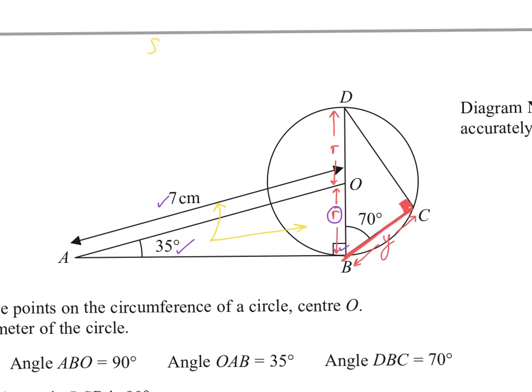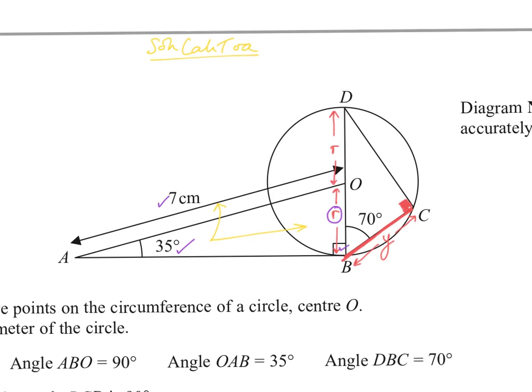So if you write SOHCAHTOA here, now for those I teach will know full well that I sincerely do not advise just going straight into SOHCAHTOA without knowing about the unit circle. And if you want to know the basis of how SOHCAHTOA comes about, then just have a look at the playlist entitled Trigonometry, and you'll see some videos in there.